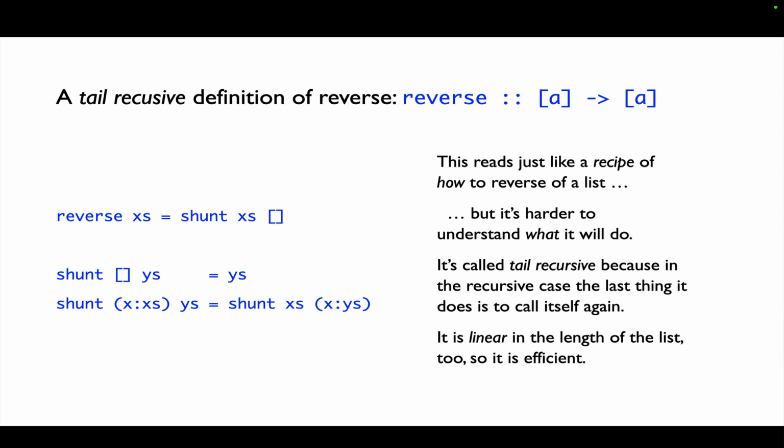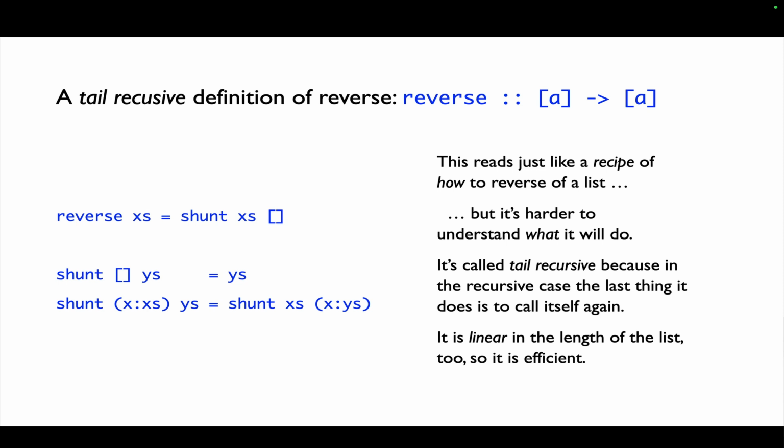We do this by writing this tail recursive definition, and I'll explain in a second why it's tail recursive, but we get reverse of x's by shunting x's and the empty list. And what does shunt do? Shunt is called that because it's reminiscent of the way that railroad cars get shunted in a shunting yard, if you're familiar with that.